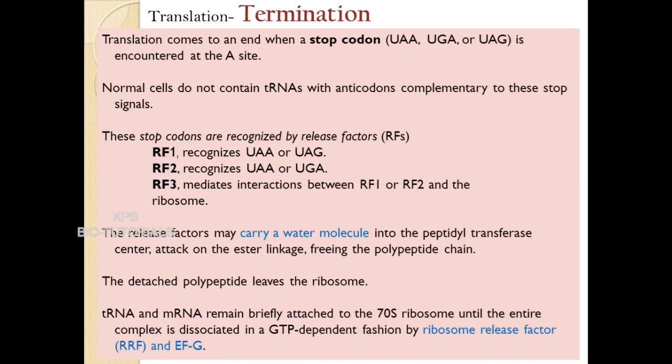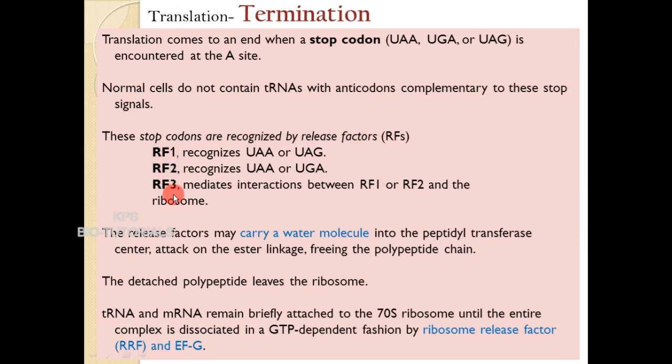So when the A site encounters a stop codon, there will be no amino acid to enter the A site, and thereby these stop codons in the A site are recognized by release factors, or RFs. There are 3 release factors: RF1, RF2 and RF3.